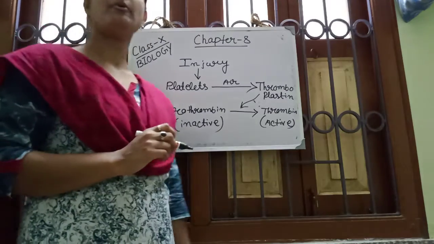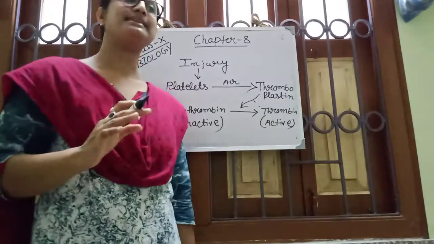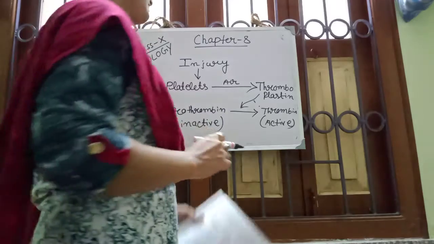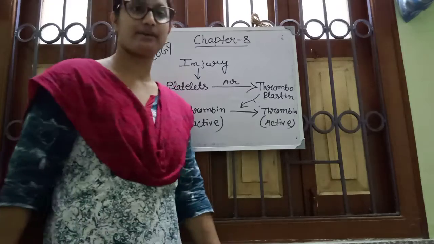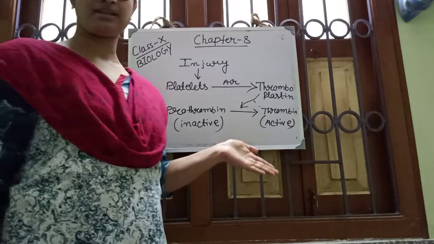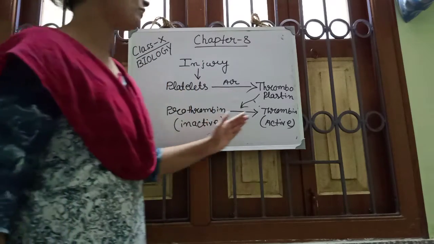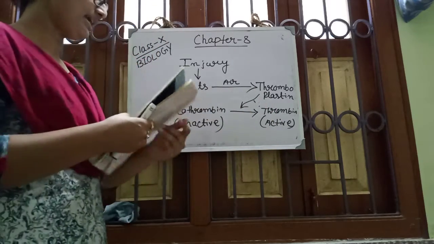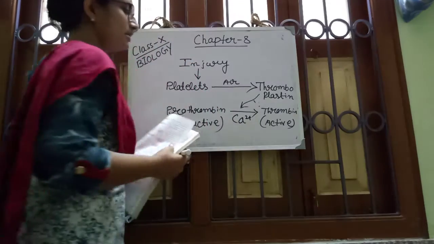Thromboplastin, with the help of the enzyme prothrombinase, deactivates the heparin. After heparin is deactivated, the thromboplastin releases one factor, the prothrombin activator. Prothrombin, in the inactive state, is converted into thrombin, the active state, with the help of calcium ions. The calcium ion is most important here.